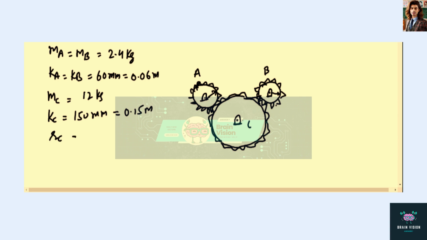The radius of C is 200 millimeter, that is 0.2 meter, and that of A and B is the same, 80 millimeter, that is 0.08 meter.